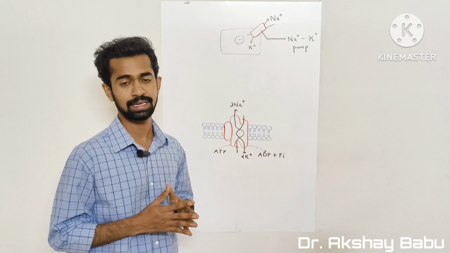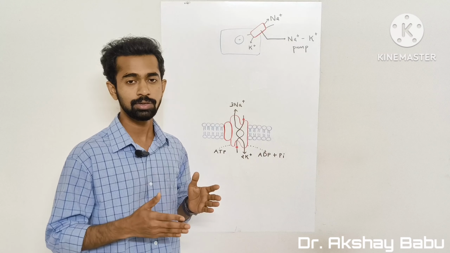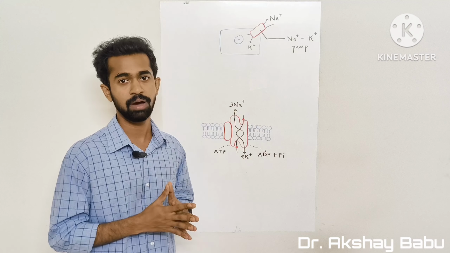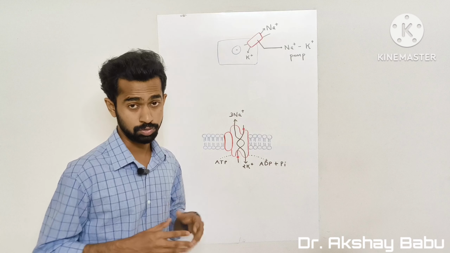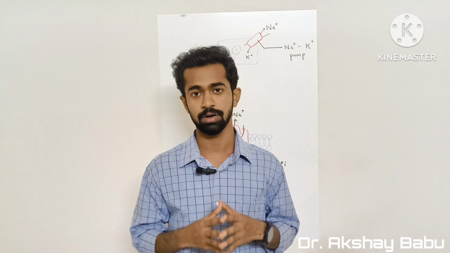For electrically active cells such as nerve cells, 60 to 70% of the energy is devoted to transporting three sodium ions out of the cell and at the same time pumping two potassium ions into the cell. During an action potential, massive sodium influx occurs.